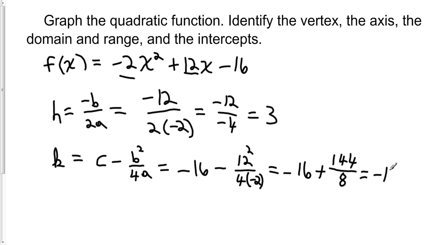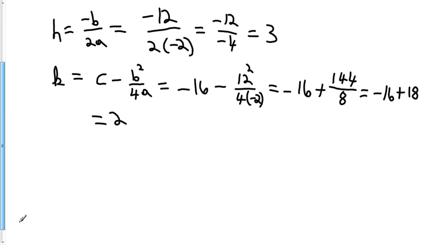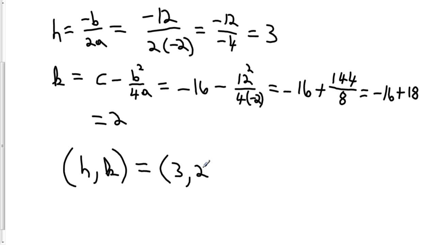So we get negative 16 plus 18, and I find the y value of the vertex to be 2. So now I know the vertex of my parabola. The vertex is h, k, which in this case is 3 comma 2. So the entire parabola will be shifted 3 units to the right and 2 units up.